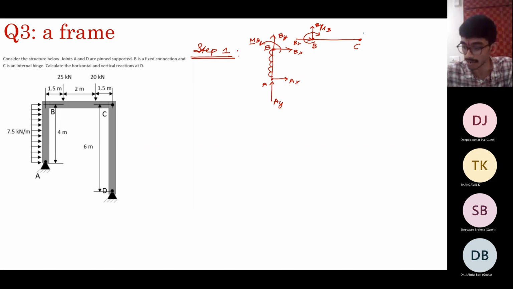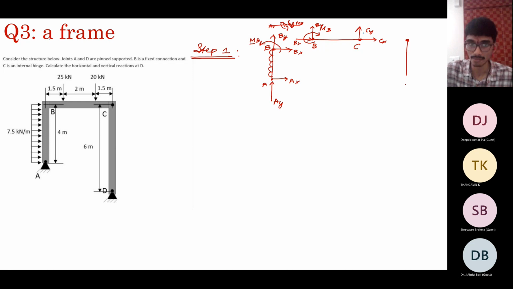Whatever moment you have here, it should be the same moment this side. Because if you consider the junction, we'll have MB, Dx, and Dy. So you cannot have any discontinuity in the moment functions. So you'll have equal and opposite forces. And the point C is an internal hinge, so it cannot resist any moment. So MC equal to 0. What you have is a Cx and Cy.